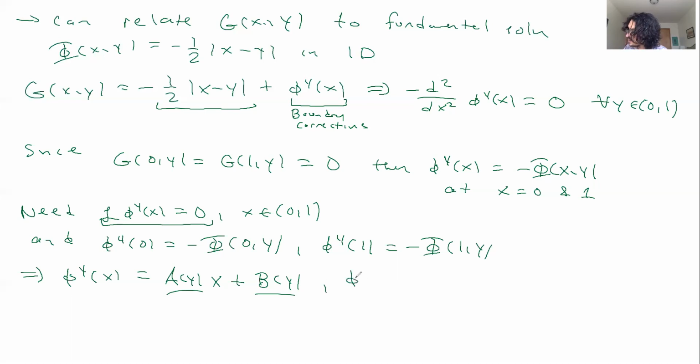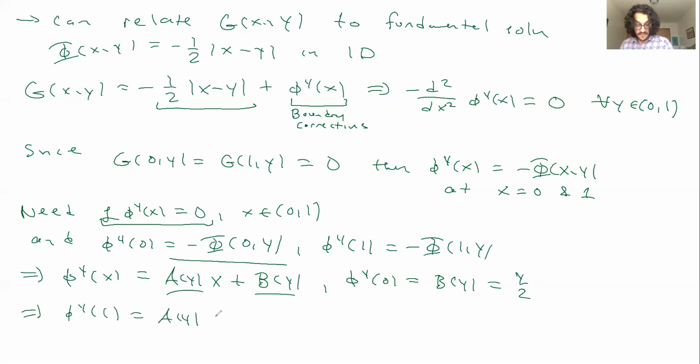Now note that if we apply our first boundary condition, we get that b(y) needs to equal minus big Phi(0,y), right? So that's going to be minus a half y, so we just get y over 2. And then our other boundary condition is that little phi_y of 1 is equal to a(y) plus y over 2.